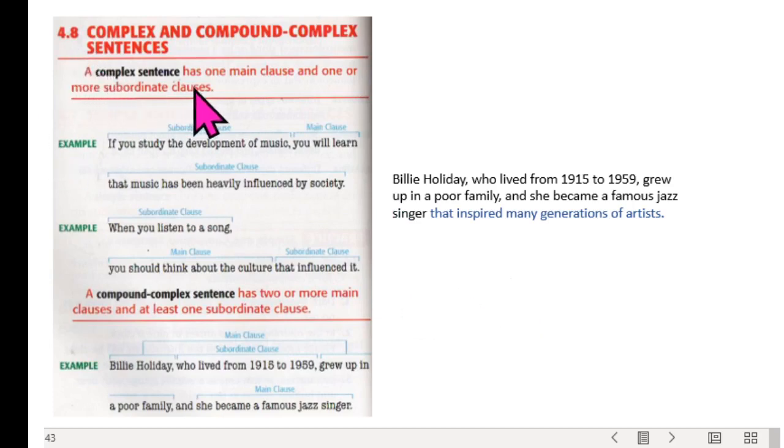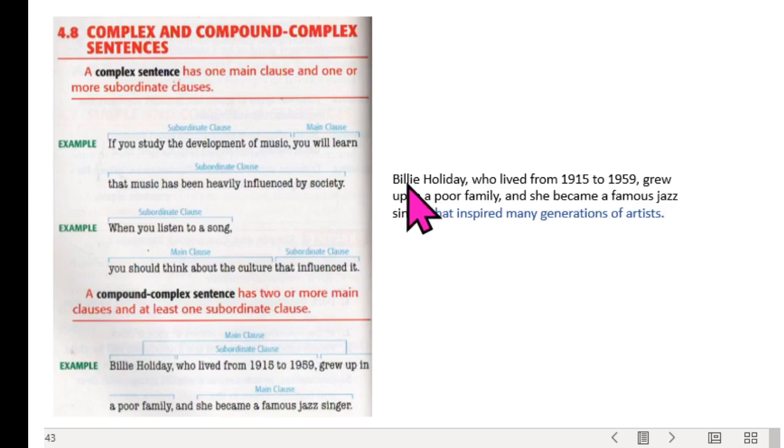A complex sentence has one main clause and one or more subordinate clauses. A compound complex sentence has two or more main clauses and at least one subordinate clause. You see? So you have coordination and subordination at the same time in the compound complex sentence.